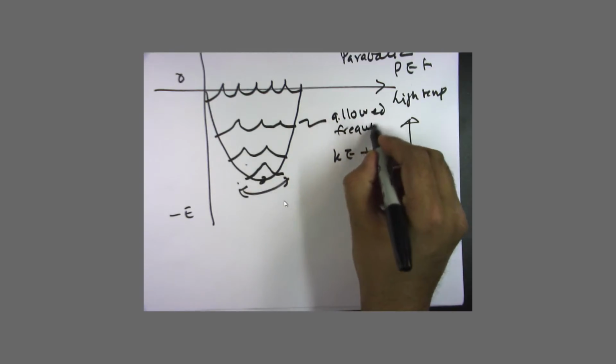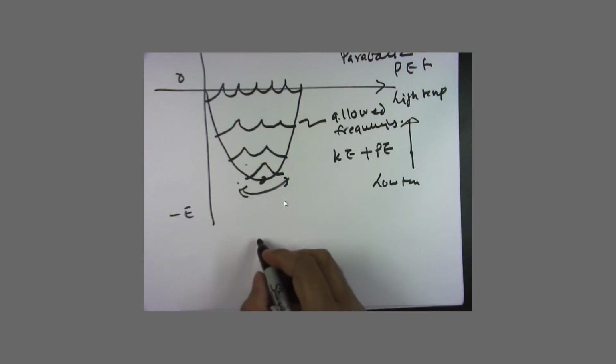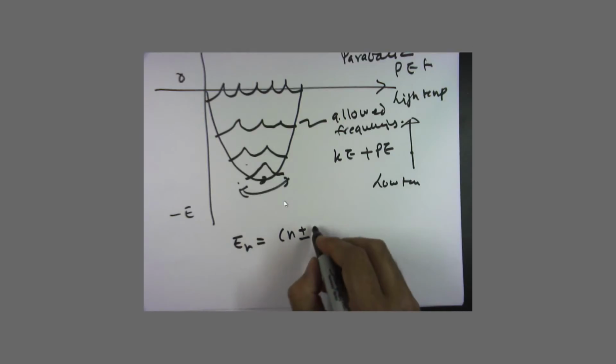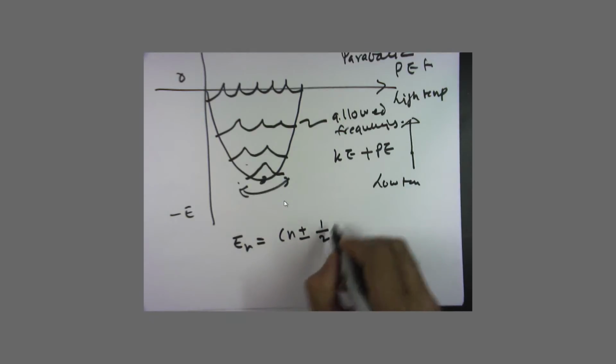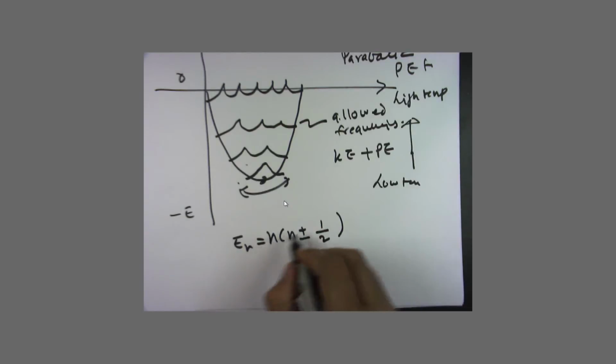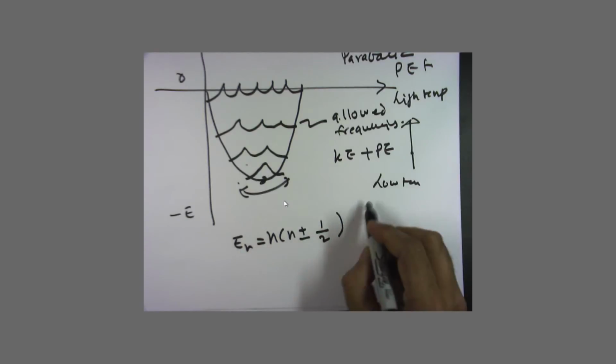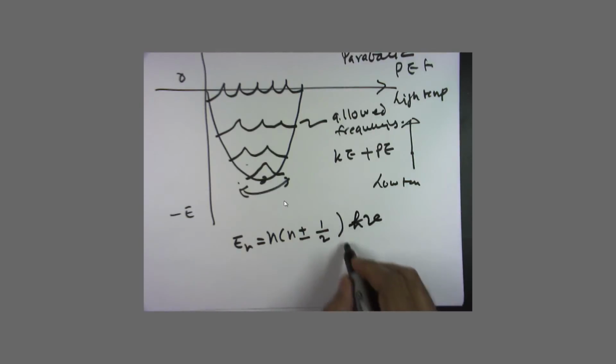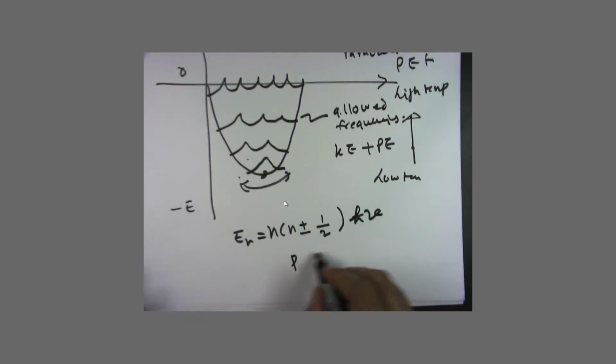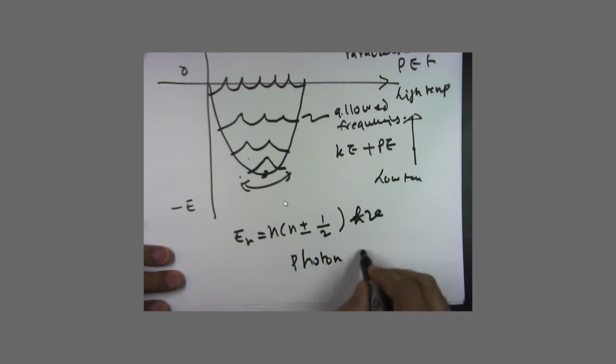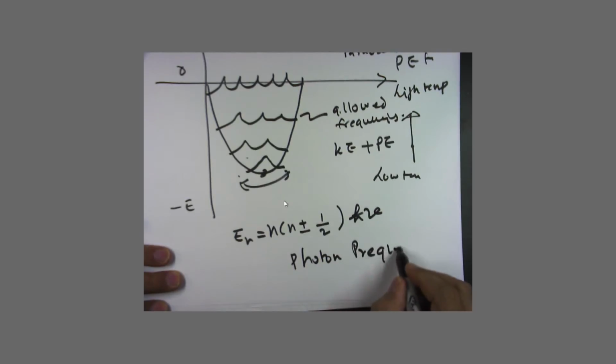These are allowed frequencies, which we looked at from our previous equation, E_n equal to (n plus half) h nu, where h nu is the frequency of the photon.